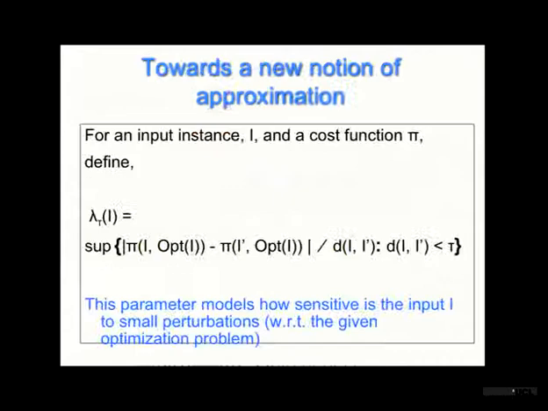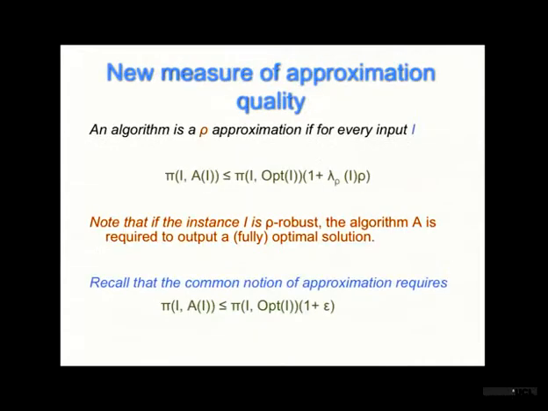Okay, so we were here. So this is my new notion of raw approximation rather than epsilon approximation, and the raw approximation tells you should give me the exact solution if I have robust instances, and if they are not robust, I allow you flexibility, and the flexibility can be large if the instance is very not robust.